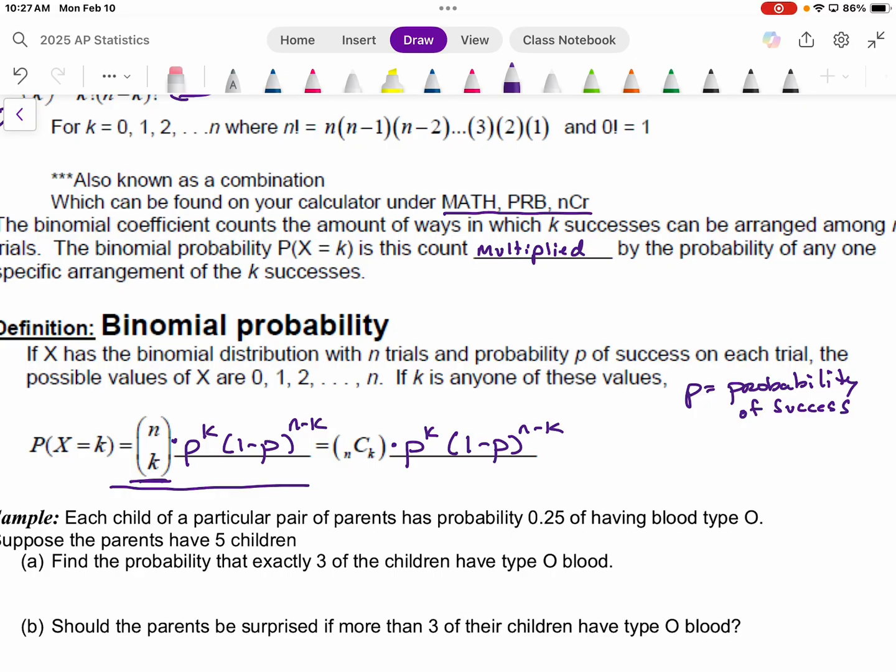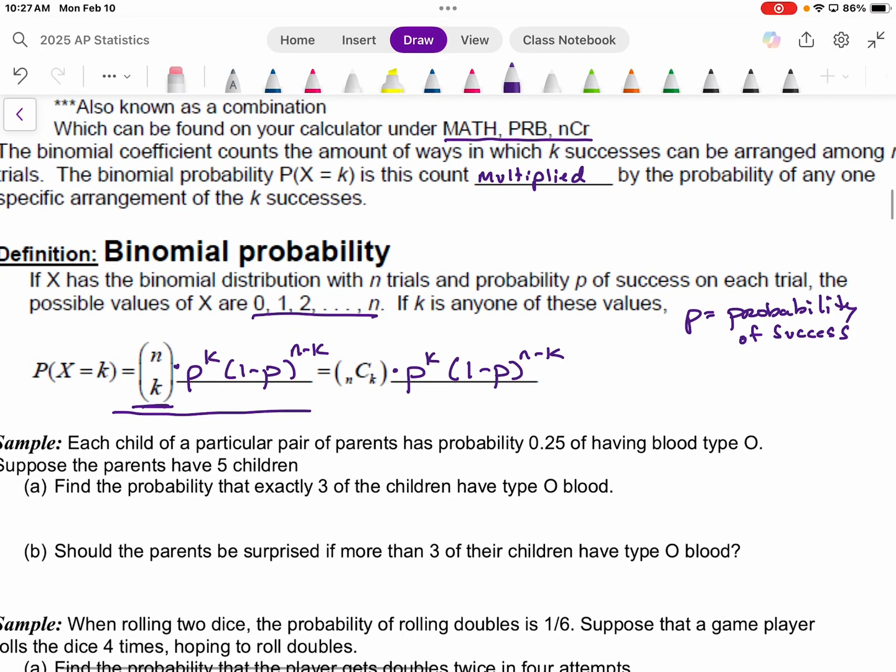K is whichever event I'm looking for, the probability of exactly, hey, it happened 3 times or 5 times. So K is actually a physical number between 0 and whatever your last number is. When we do P to the K power, then we multiply it by (1 minus P) to the N minus K power.